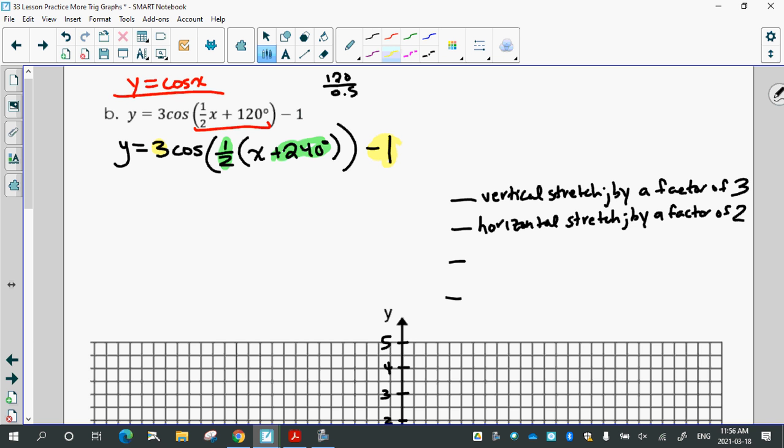This is plus 240, so horizontal shift left 240 degrees, but I want to know how many squares that is. So I think 240 divided by 30 is 8 squares.